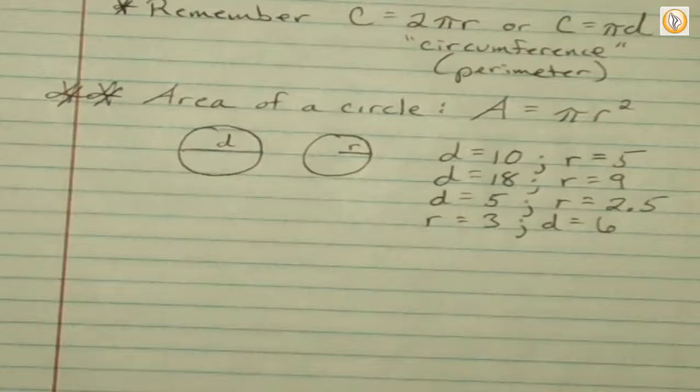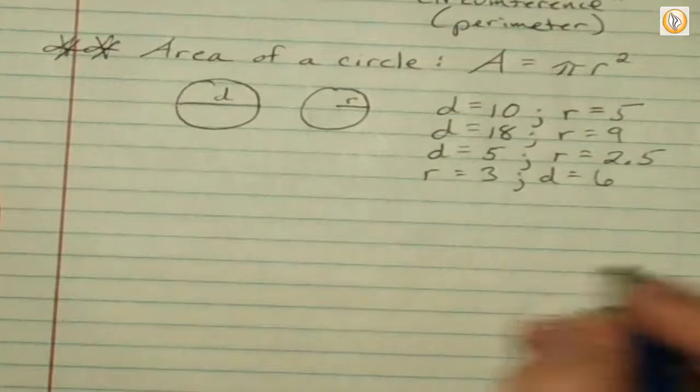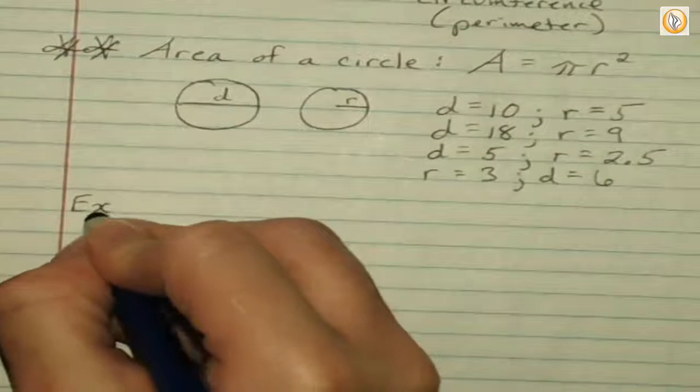Oh, and by the way, I'm going to let y'all use your calculators today. So I'm just going to go ahead and do these examples and then probably set you free.